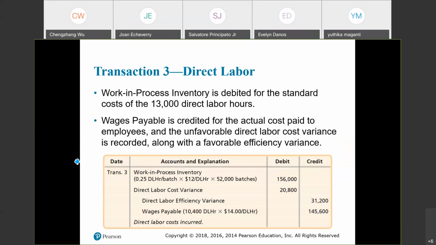In transaction 3, work in process inventory is debited for the $12 per hour standard cost of 13,000 direct labor hours that should have been used for 52,000 batches, which is the standard quantity. So this part is the standard part.